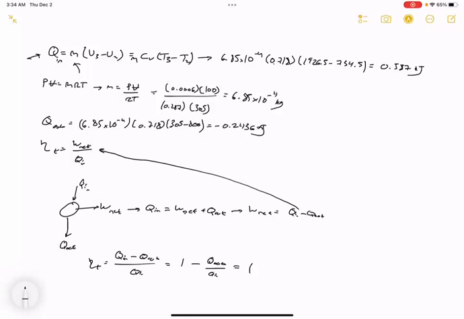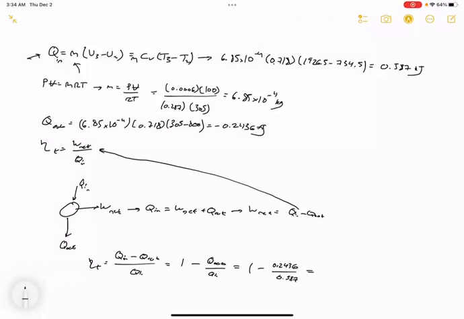We found both of those values. So 1 minus 0.2436 over 0.587. Let me just calculate it.